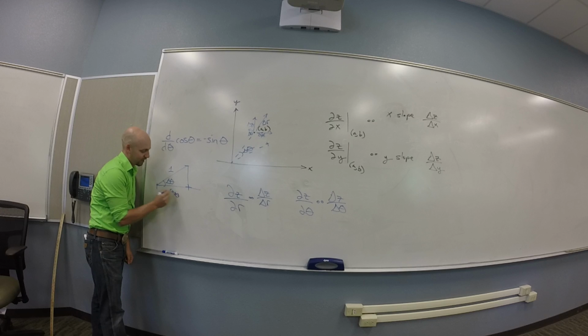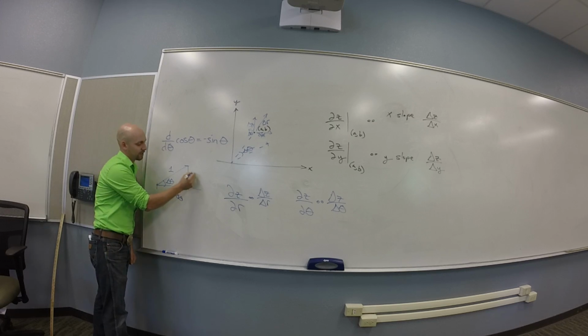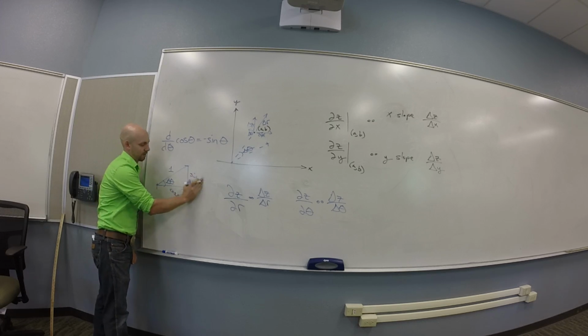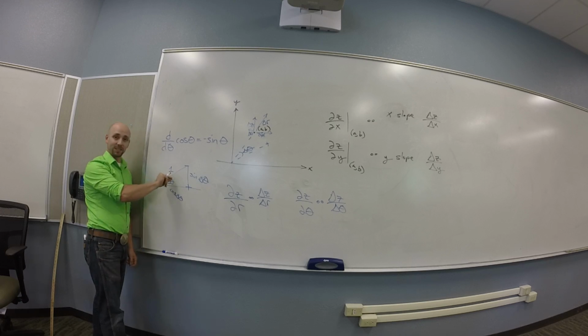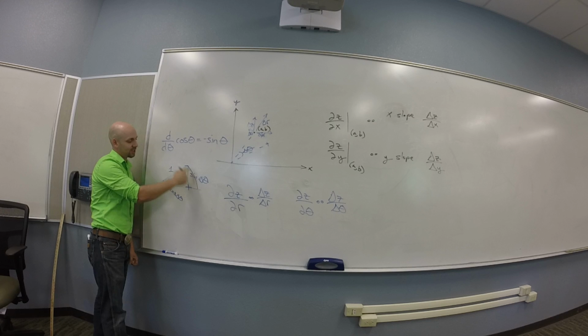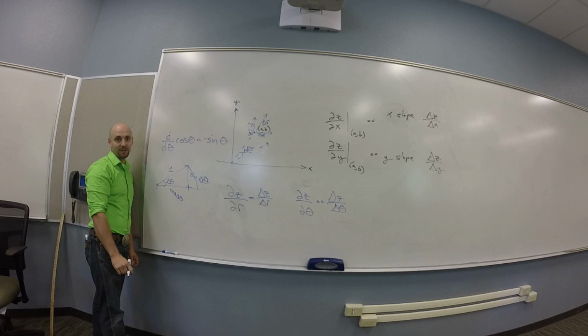This one's cosine delta theta, and this one's sine delta theta. And we use the fact that as delta theta goes to 0, this cosine distance goes to 1 and the sine distance goes to 0. That uses the fact that this arc length here is the same as that angle distance there. If you don't use this, it doesn't work.